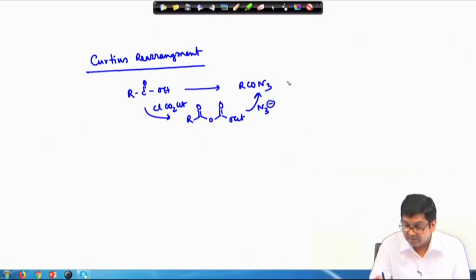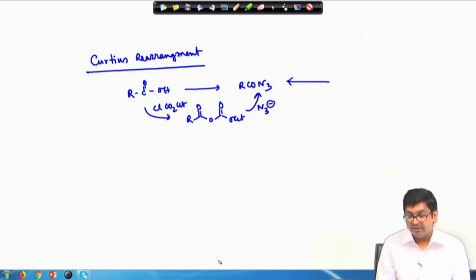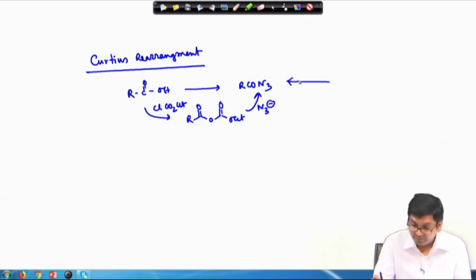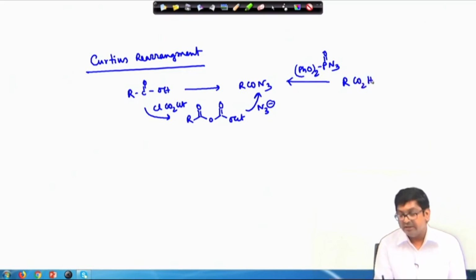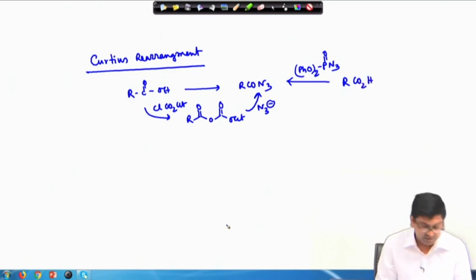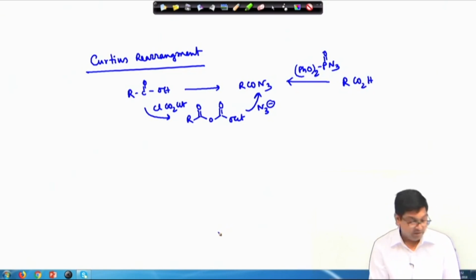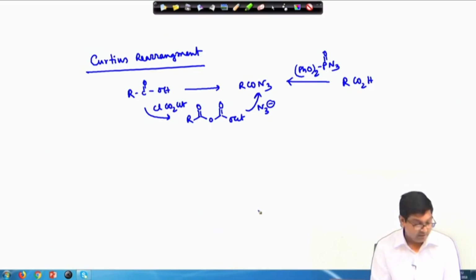Similarly, you can get this from diphenyl phosphoryl azide. You can start from the carboxylic acid, and that directly will give you this acyl azide compound with the reaction of diphenyl phosphoryl azide.